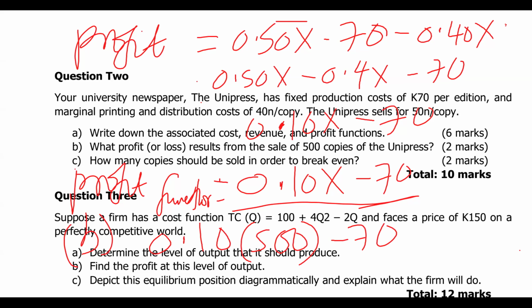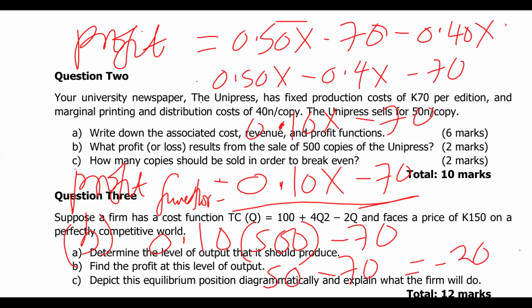So you can say 0.10 times 500, that should give you 50, minus 70, which is equal to negative 20.